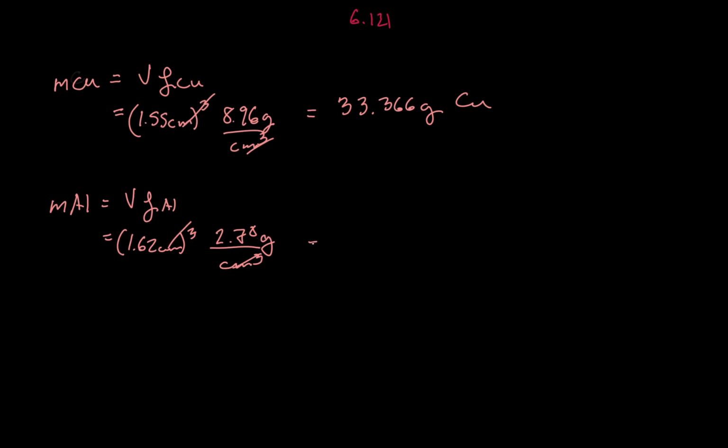All right, and that is 11.479 grams. Okay, there's 2 down. I'm just going to double check that one. I did that a bit fast. Times 2.7. Yep, that is it.